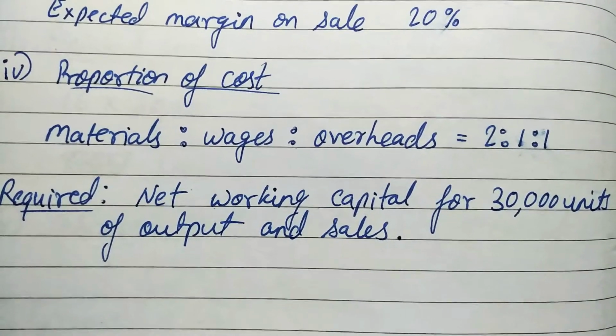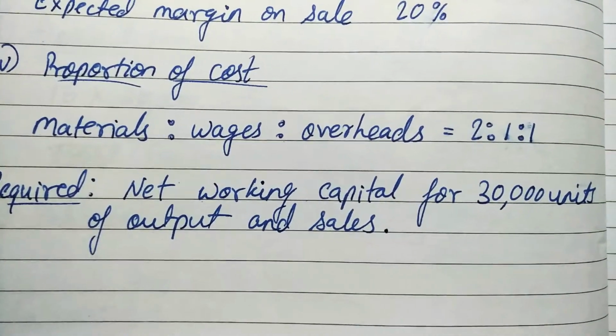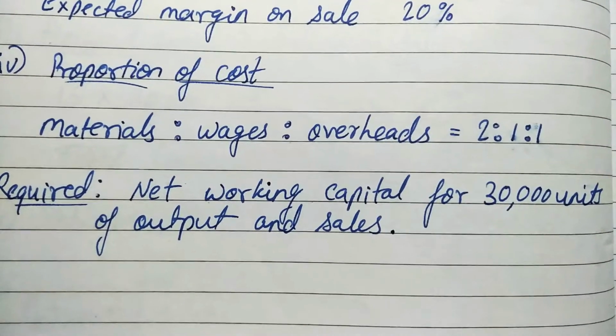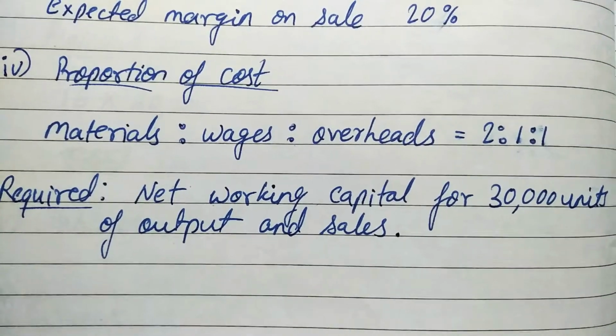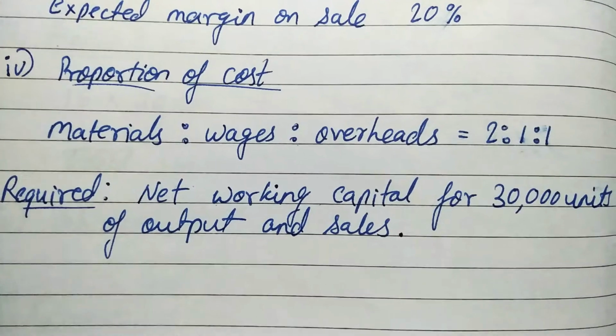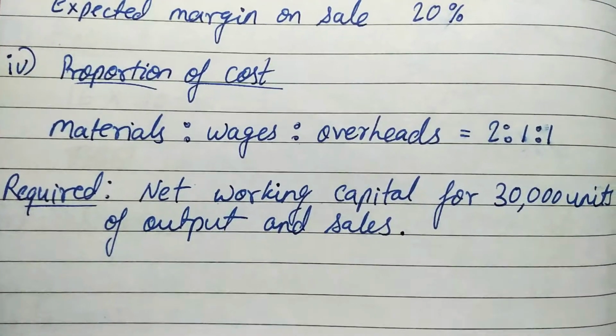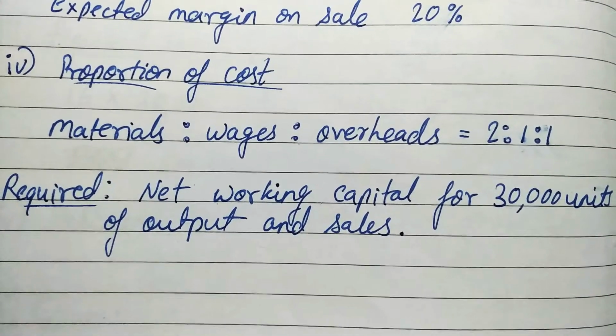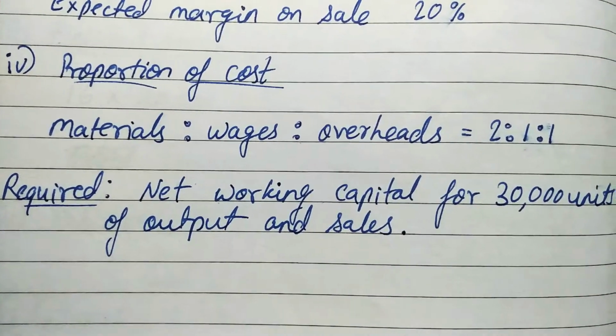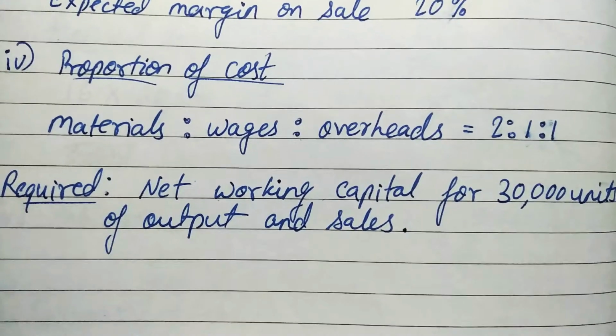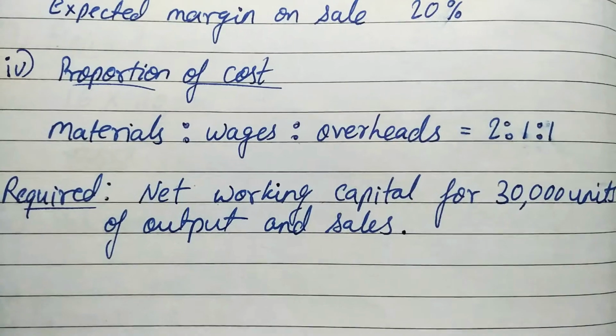What is required from us is to calculate the net working capital for 30,000 units of output and sales. What this means is that the volume produced every year is 30,000 units, and whatever is produced is sold, and that is why they have said output and sales both.